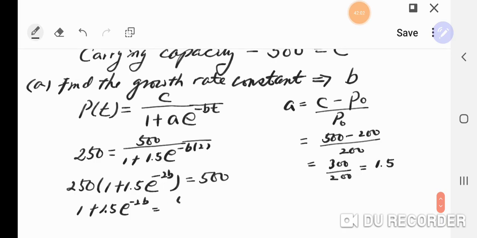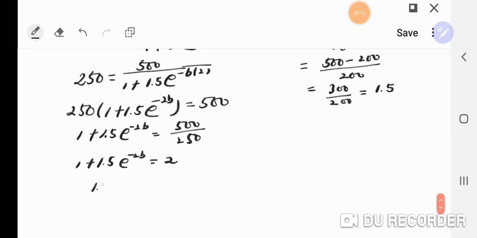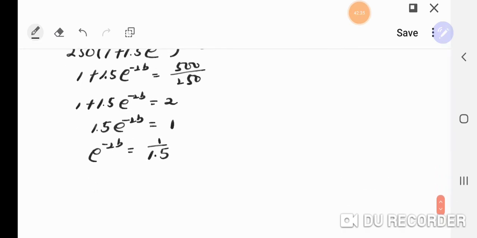So 500 divided by 250 is 2. Then 1 plus 1.5 e to the negative 2b is equal to 2. Then subtract 1 from each side, so it will be 1. And then divide each side by 1.5. So 1 over 1.5. We are getting close.